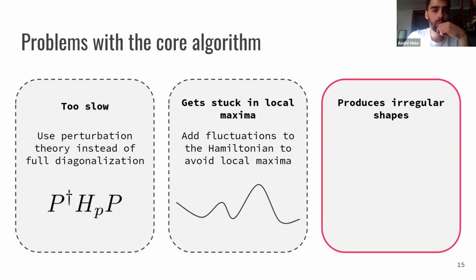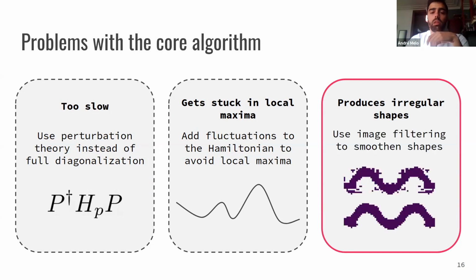And so the way we tackle this is by using image processing techniques. Specifically, we apply image filtering. This is just a standard operation in image processing, where at each pixel of an image, in our case specifically, we look at the pixels around it in a window of some size, and we assign to that pixel the median value in that window.